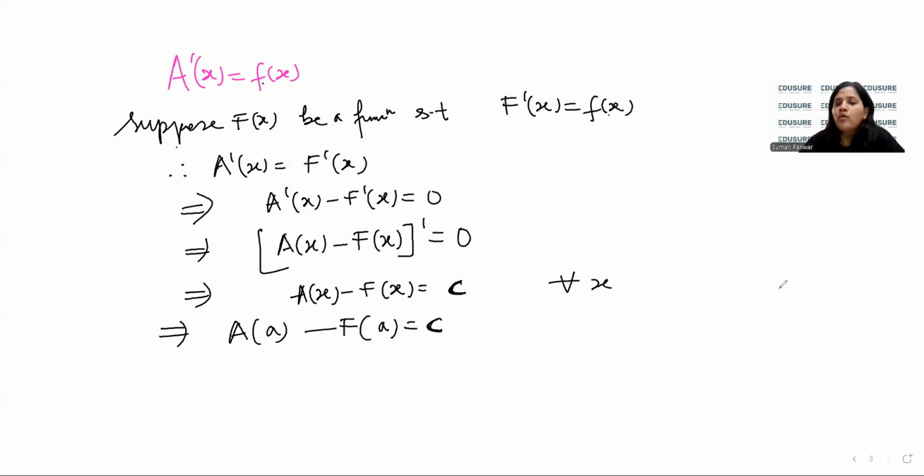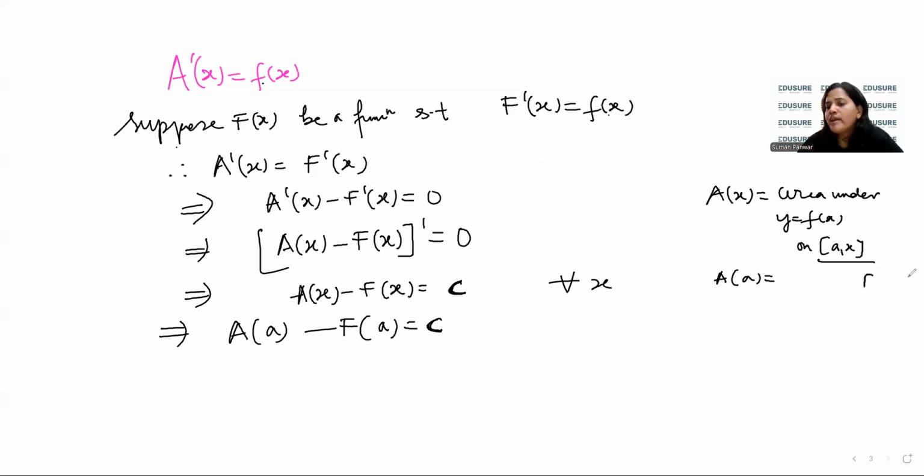Okay. Now, what is A(x)? If you remember, A(x) was the area under y equals f(x) on the interval a comma x. So if you talk about A(a), it means area on the interval a comma a. That is going to be 0. We are starting and ending at the same point.